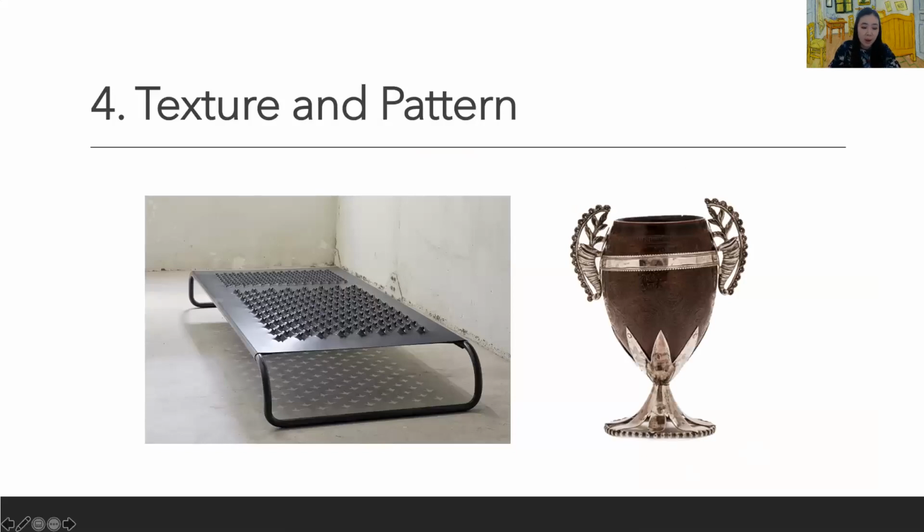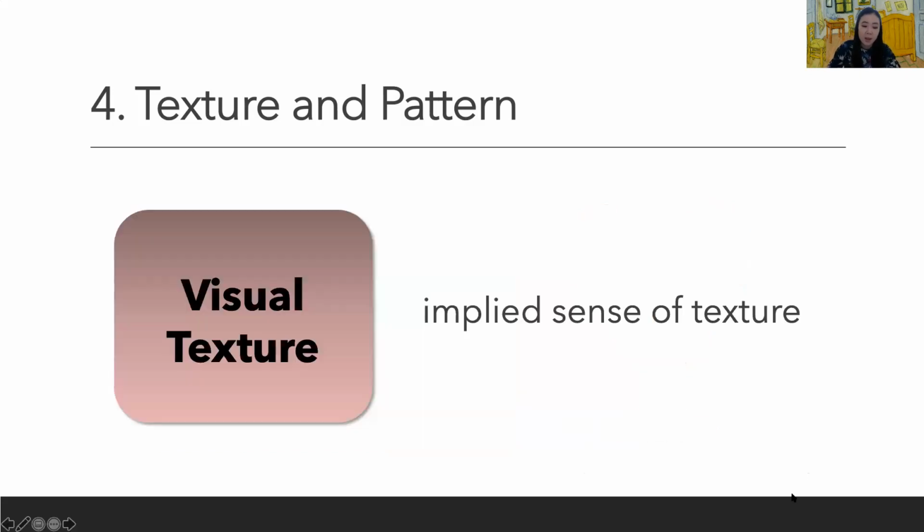And now we are going to see the fourth visual element in art, texture and pattern. So these are actual textures. Actual texture is literally tactile, a quality we can experience through touch. And there is visual texture.